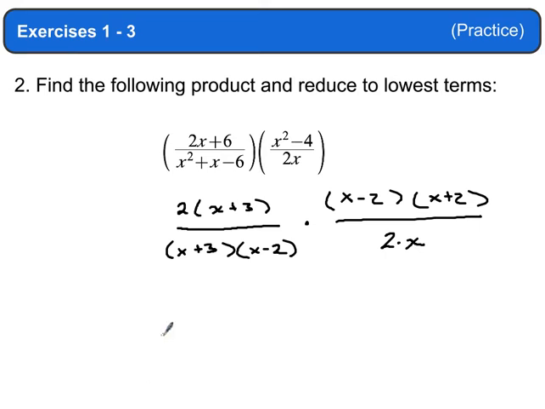Once I've done that, I'm going to cancel anything in the numerator and the denominator that's shared. So this one and this one can go away. This 2 and this 2 can cancel. And this x plus 3 and this x plus 3 can cancel. So the only thing left over in my answer is x plus 2 in the numerator over x.